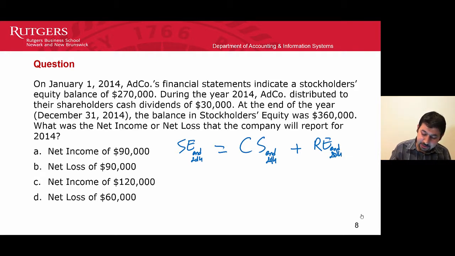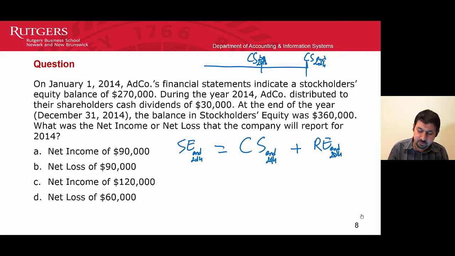Now we can think about common stock at the end of 2014 as the value of common stock at the beginning of 2014 and whatever common stock was issued in 2014.